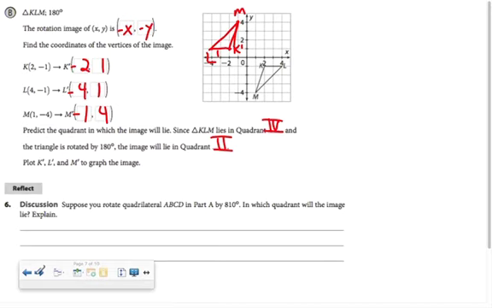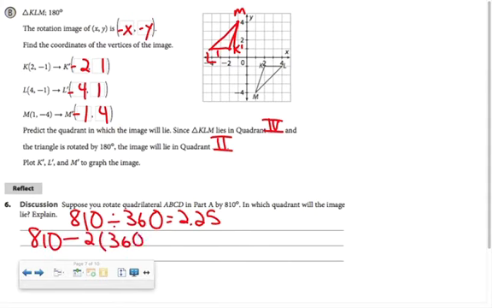So let's write this work out. 810 divided by 360 was 2.25. So if I do 810 minus 2 times 360, that's going to tell me what an 810-degree rotation is equivalent to.